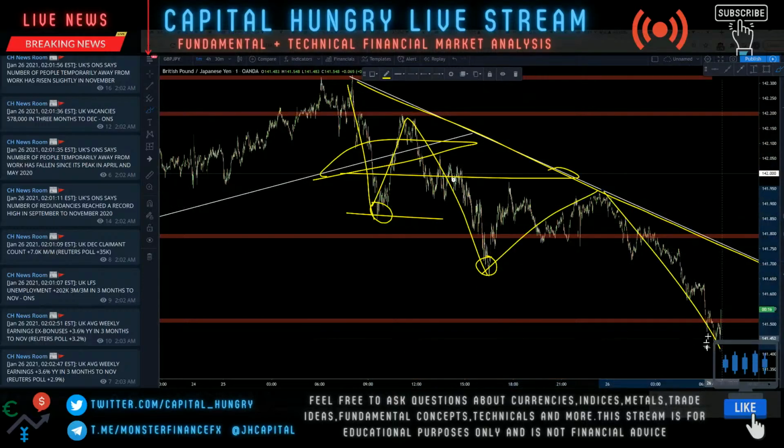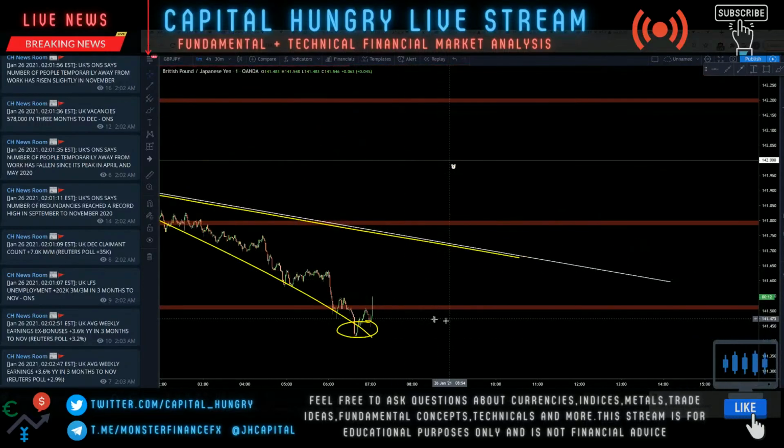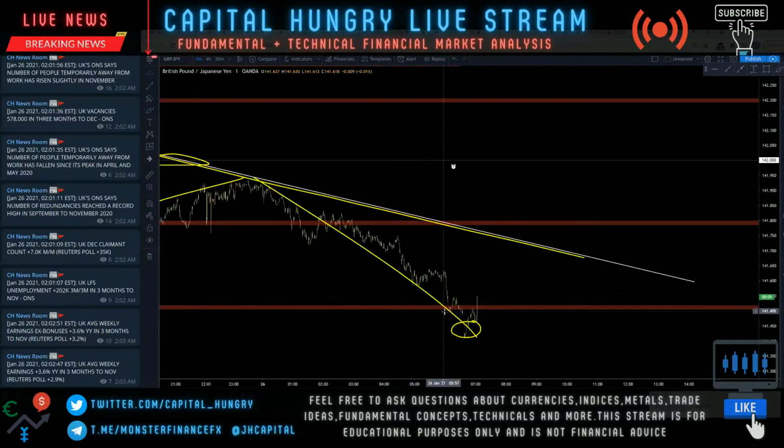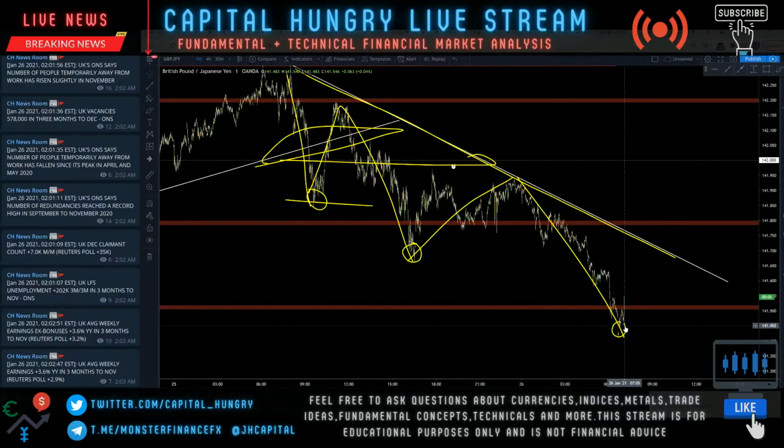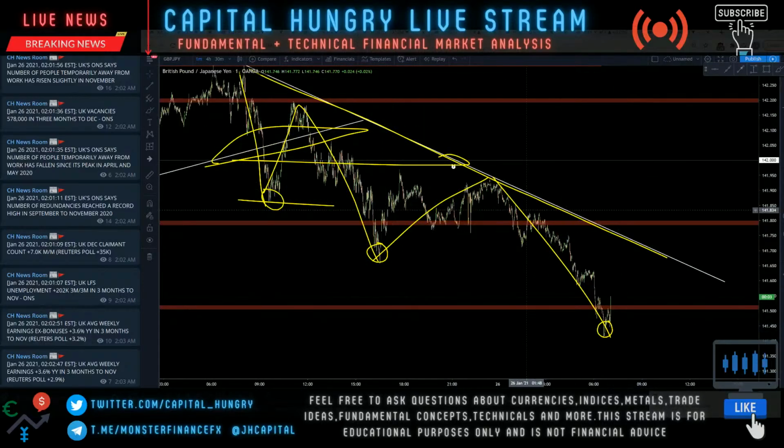Even right now, when the GBP jobs data was good, right? That jobs data was good. It's pre-London. We're getting a spike up right now, but we are still having lows printed and bearish market structure being respected on the lower time frame.